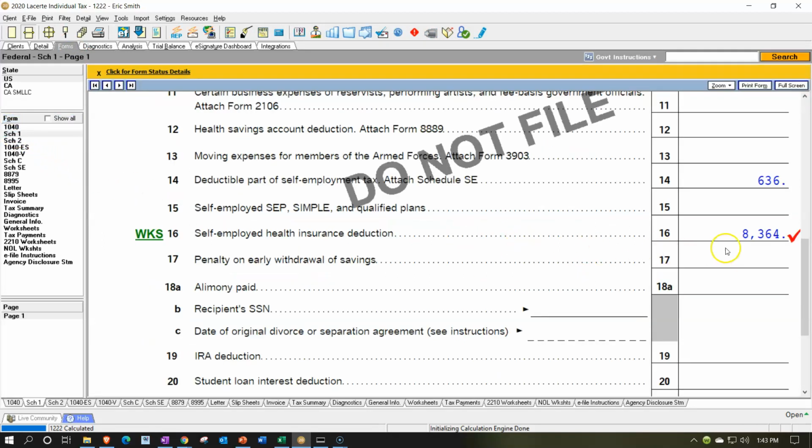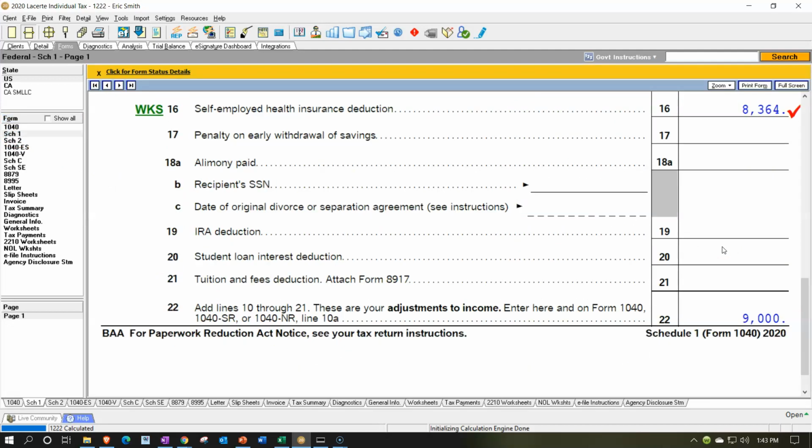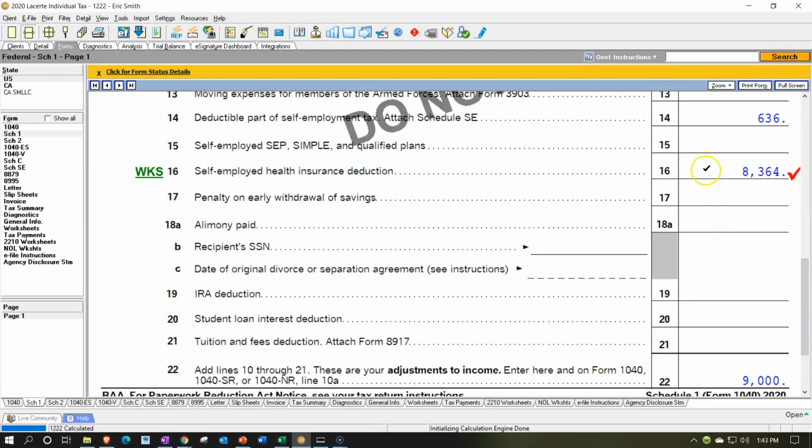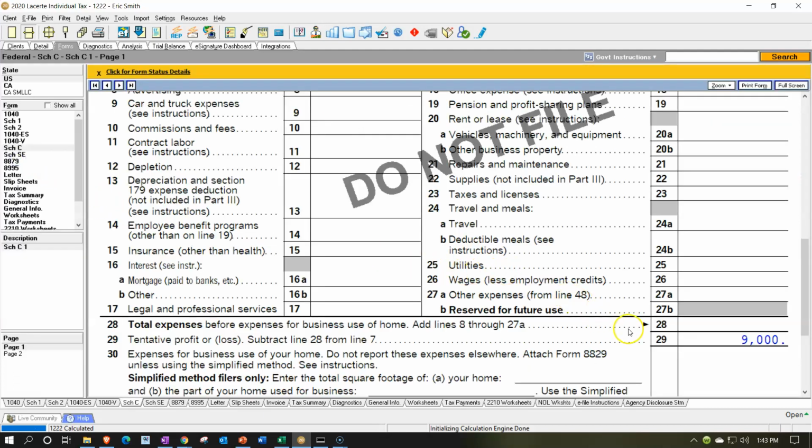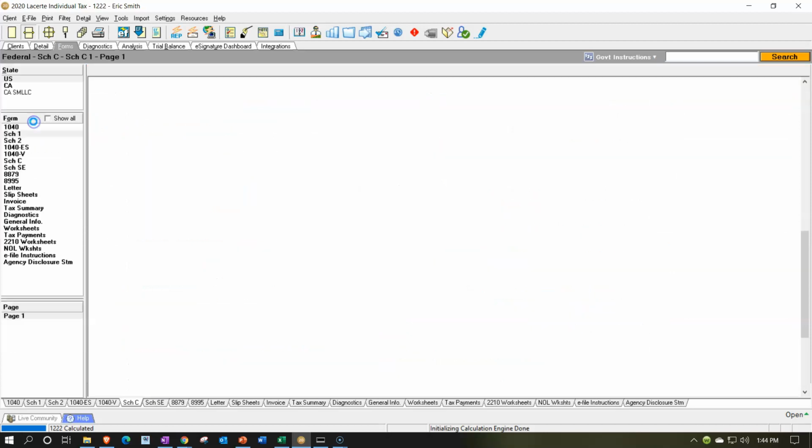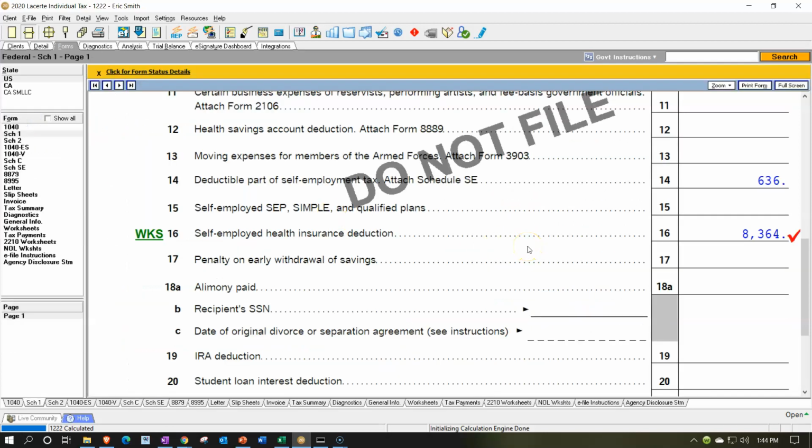So now I've only got a deduction of the 8,364 plus the 636, which gives us that total of the 9,000. In other words, on the Schedule C, we had 9,000, and it's limiting the deduction here because we put in the data input 10,000.